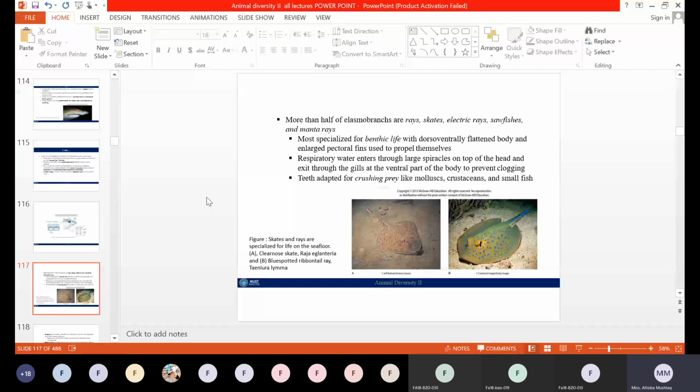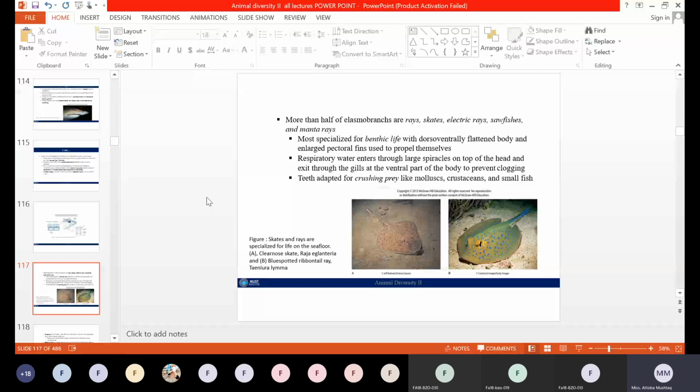They are most specialized for benthic life with a ventrally flattened body, and they have large pectoral fins that are used to propel themselves, right? We say benthic life because they live at the bottom of the sea, right?